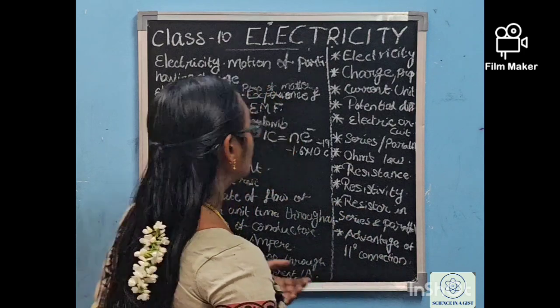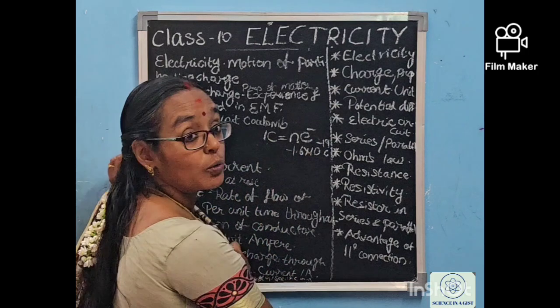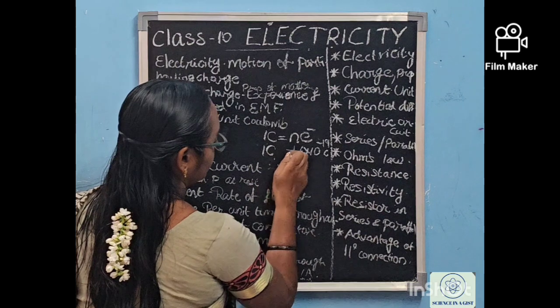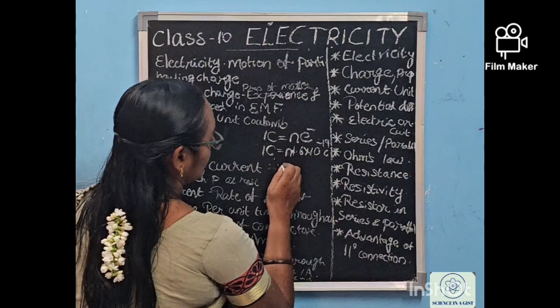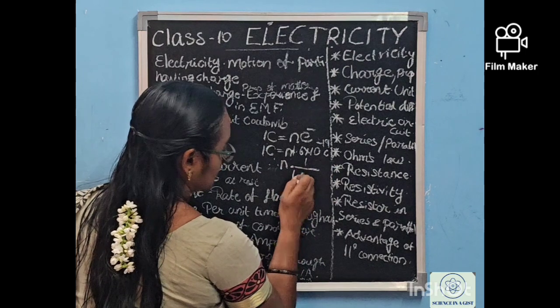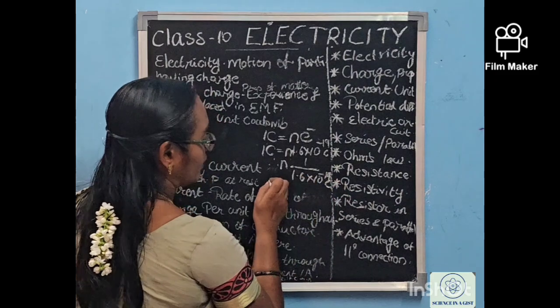How can you calculate? 1 coulomb is equal to number of electrons into charge of an electron. We already know the charge of an electron. Therefore, N is equal to 1 divided by 1.6 into 10 raised to minus 19. So, what will be the answer?